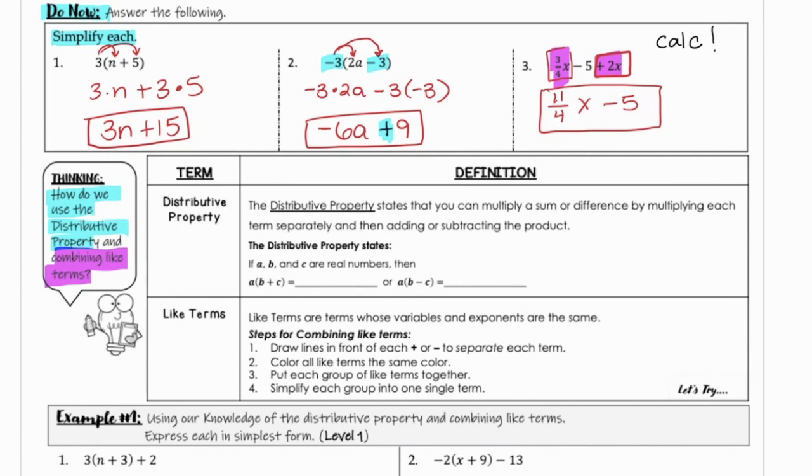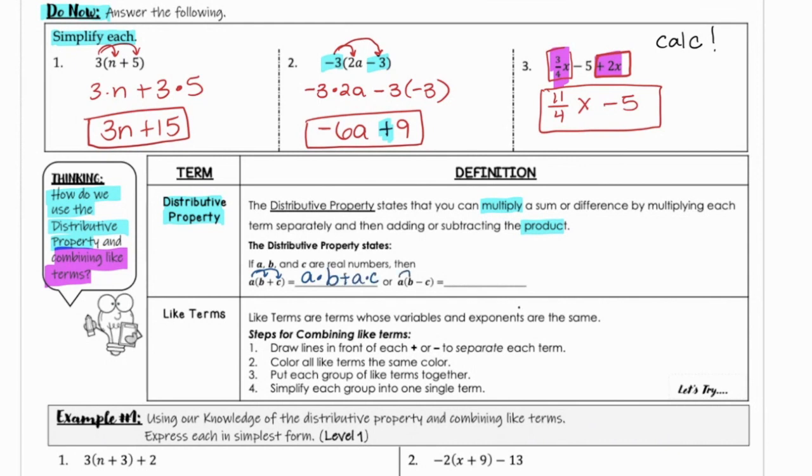So let's just take a quick look back at the distributive property. The distributive property states that you can multiply a sum or difference by multiplying each term separately and then adding or subtracting the product. So if we have three real numbers, A, B, and C, then what we could do is take that A and multiply it with everything inside.